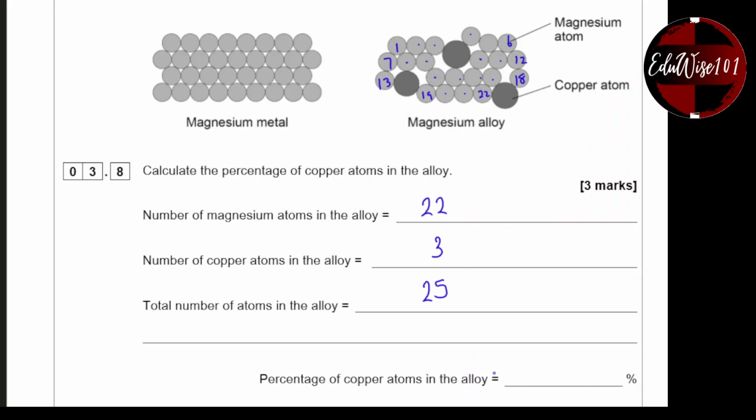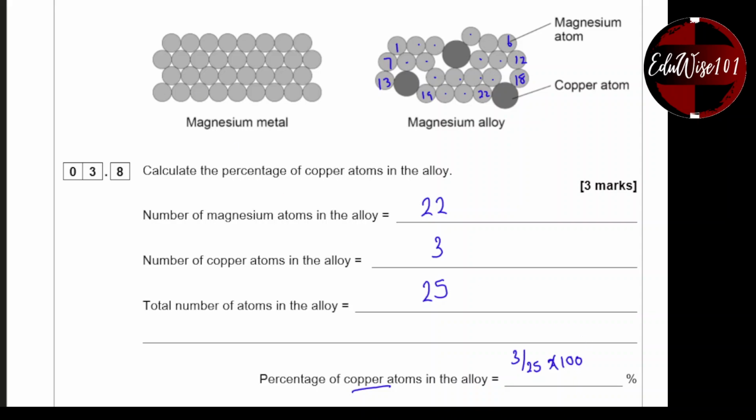Percentage of copper atoms in the alloy. In order to work out the percentage of copper atoms, you would divide 3 by 25. Then multiply that by 100, because you want the answer as a percentage. Maybe I should actually write it on the top.